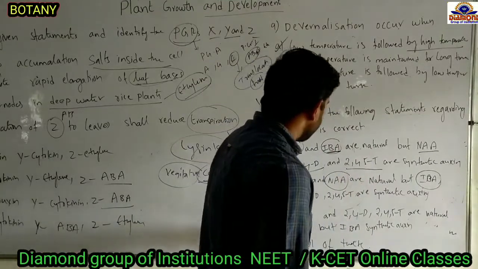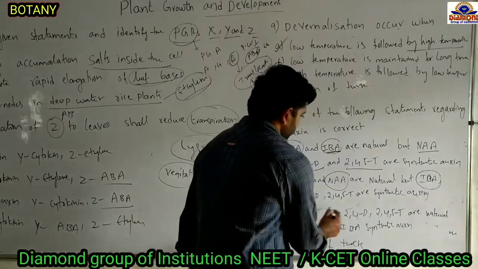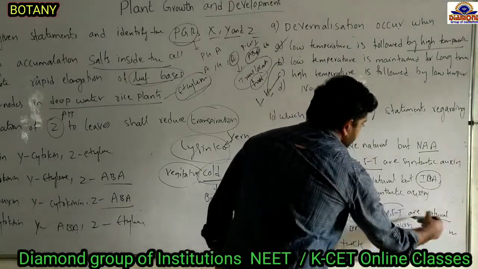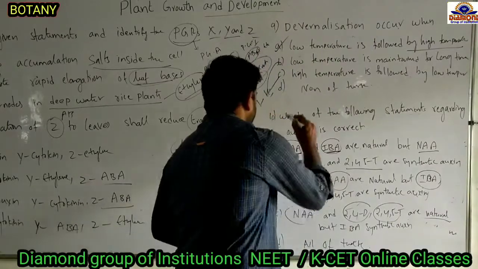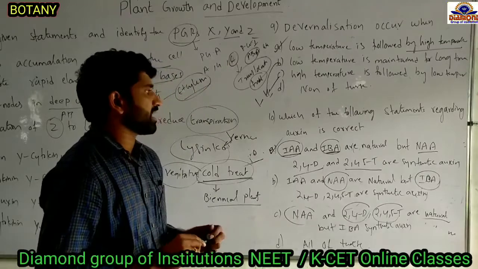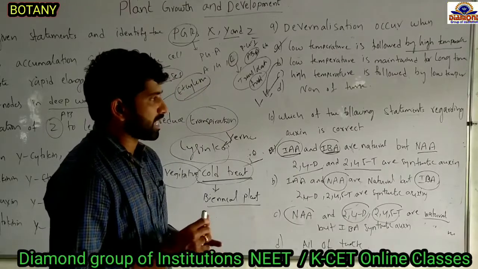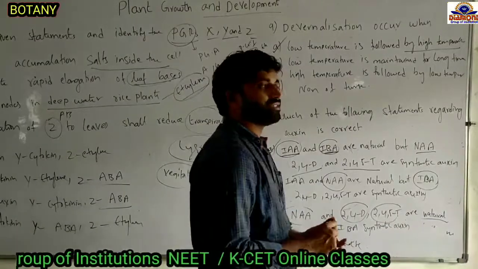And option C, NAA, 2,4-D, 2,4,5-T are natural, but they are synthetic auxins. So the answer is A only: IAA and IBA are natural auxins, and NAA, 2,4-D, 2,4,5-T are synthetic auxins.